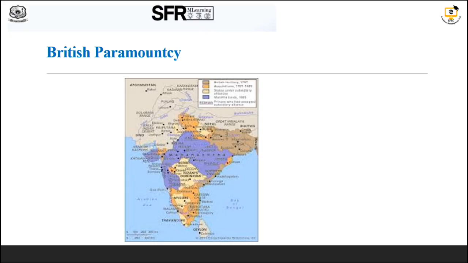With the grant of Diwani of Bengal, Bihar and Orissa in 1765, the company not only gained the authority to collect revenue but also secured a firm foothold in Indian politics. It paved the way for territorial expansion and administrative consolidation.